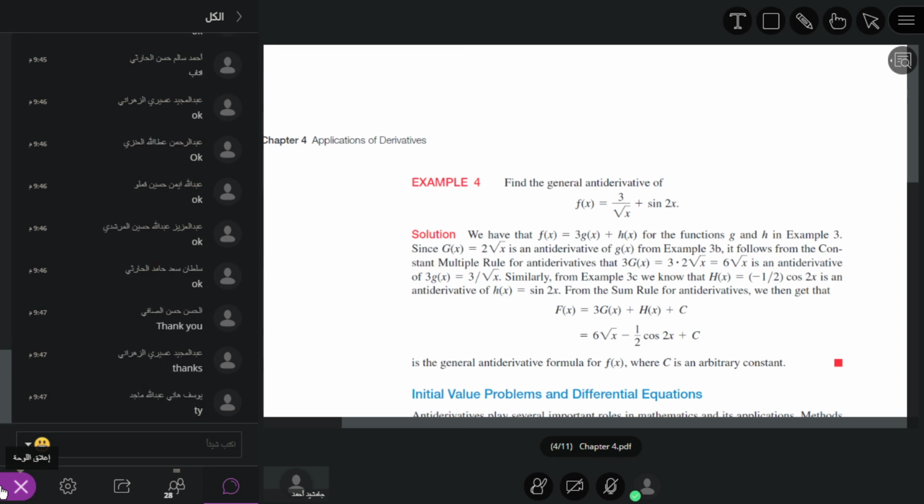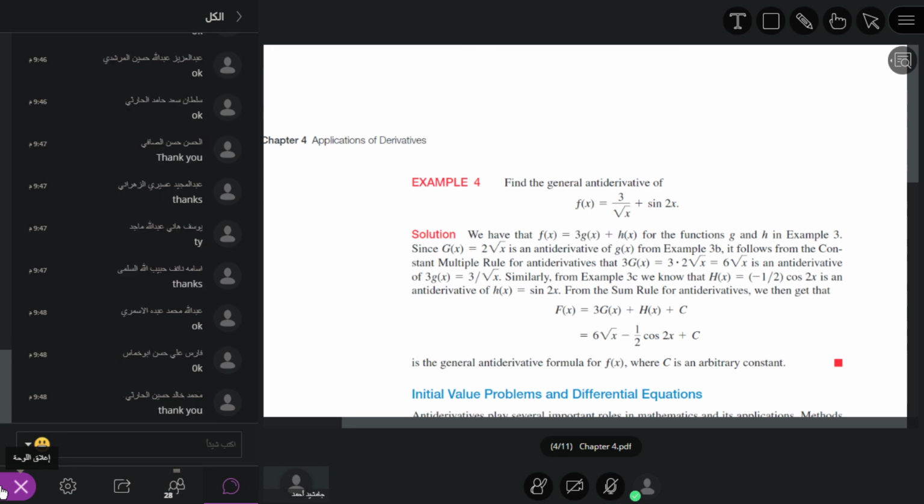Next week, I shall give you the syllabus of each exam, meaning how much is in the first exam and how much in the second exam. I shall provide you all the details regarding each exam.